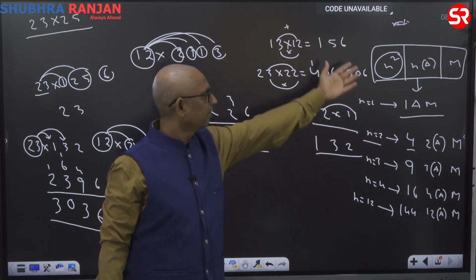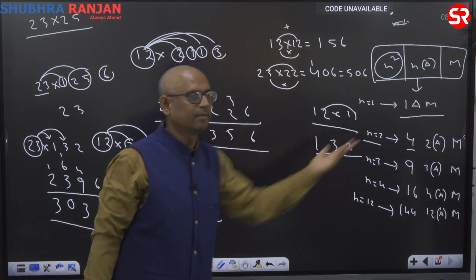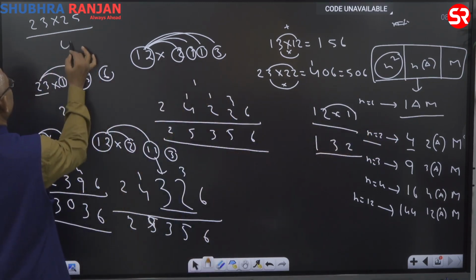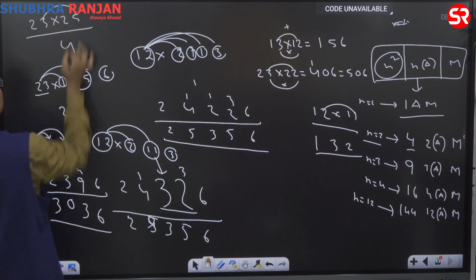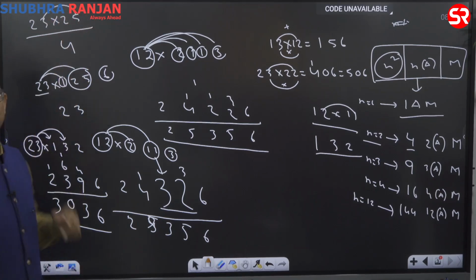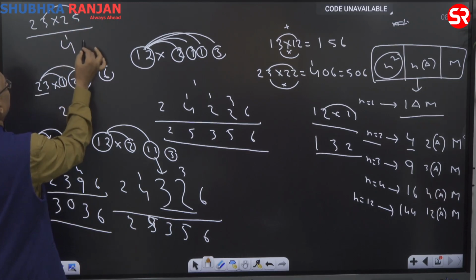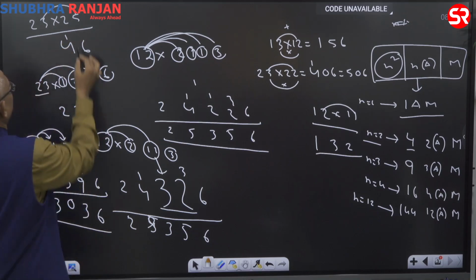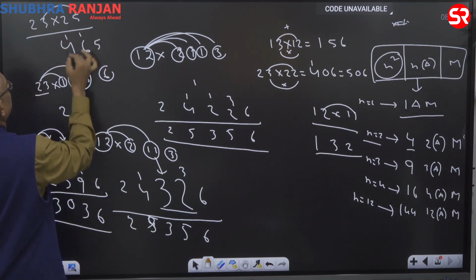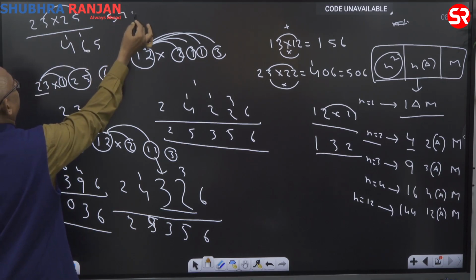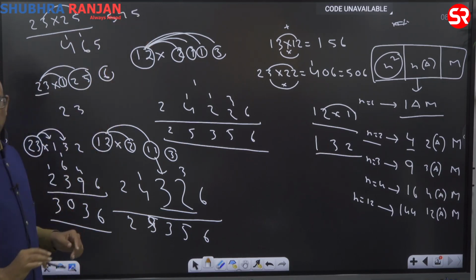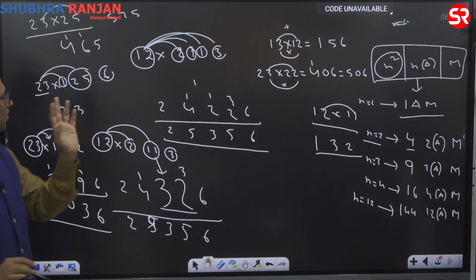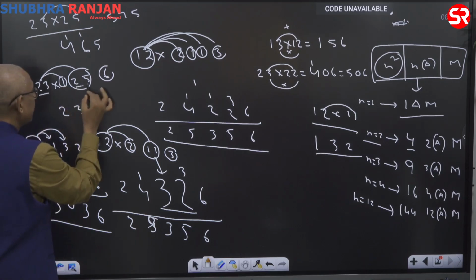So here 4 2 AM. 4 is fixed. 8. Make it double. 16. 5 plus 5 3s are 15. So the answer is 575. We got 575, but we are taking how many digits here?